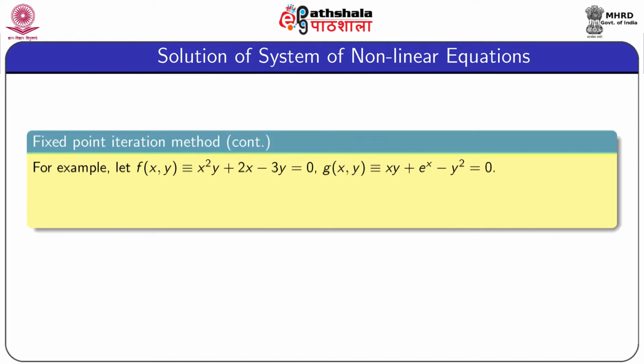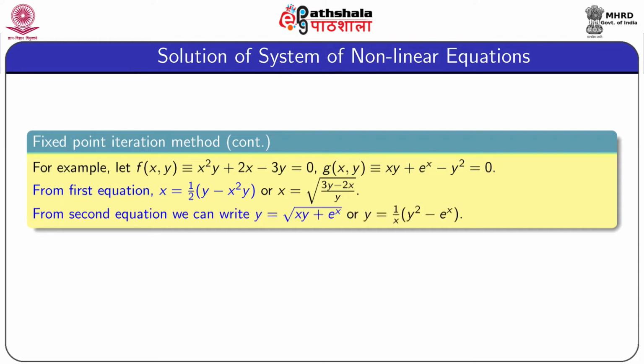For example, let f(x, y) equal to x square y plus 2x plus 3 equal to 0 and g(x, y) equal to xy plus e to the power x minus y square equal to 0. The first equation can be written as x equal to half into (y minus x square y), and this equation can also be written as x equal to square root of (3y minus 2x by y).